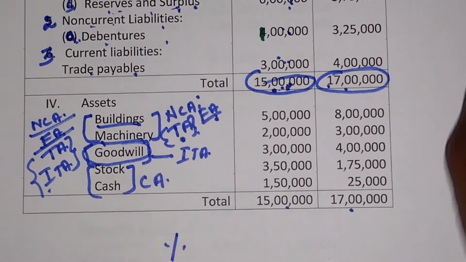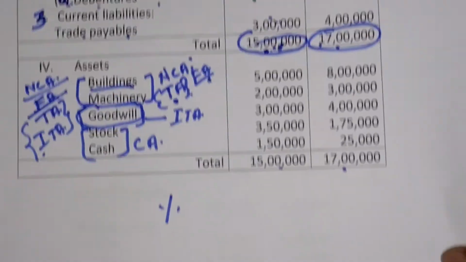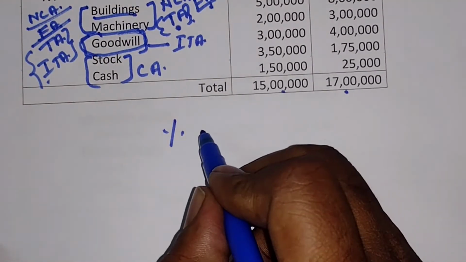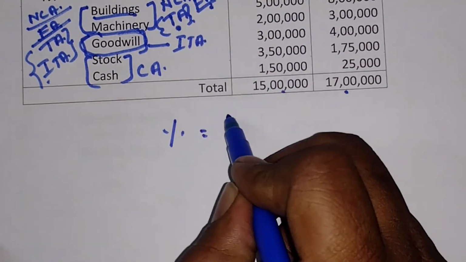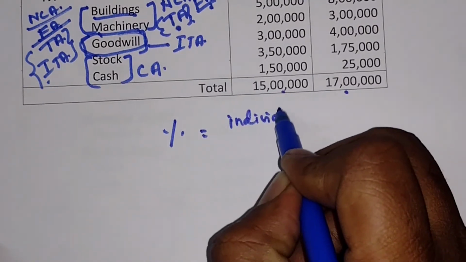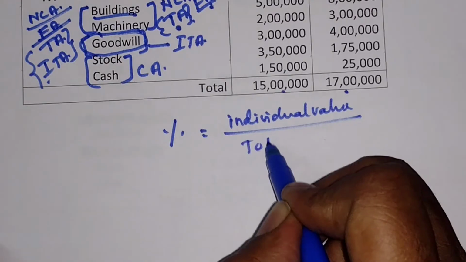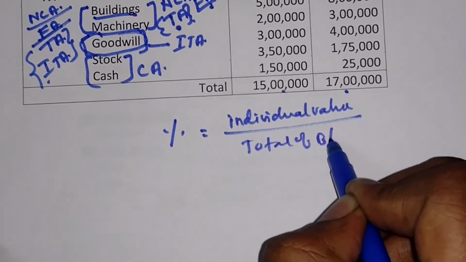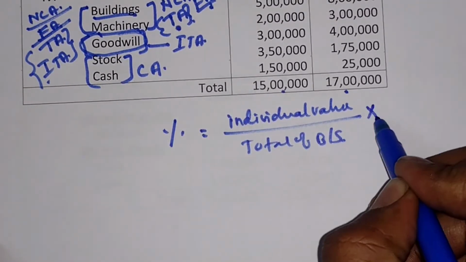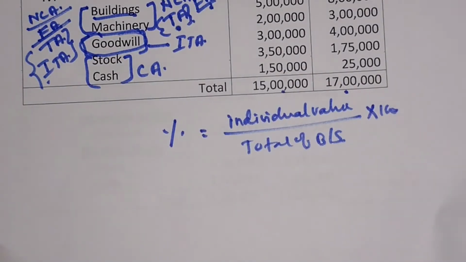Now let us work out this problem. What is the formula for this? The percentage of each and every item is equal to individual value divided by total of balance sheet into 100. That's it.